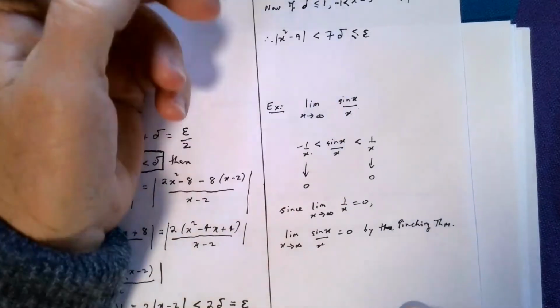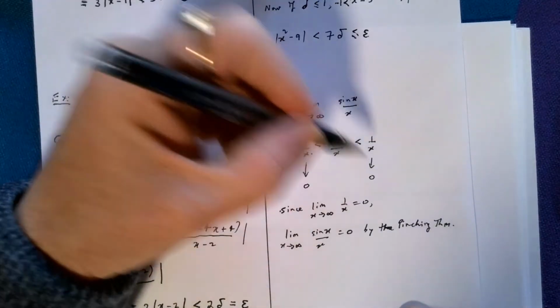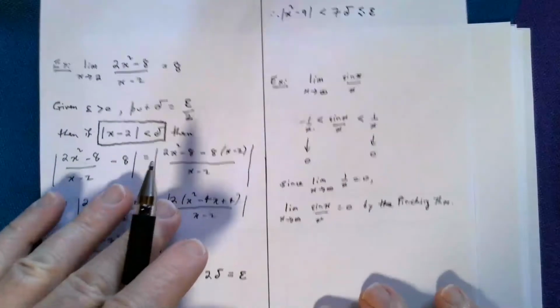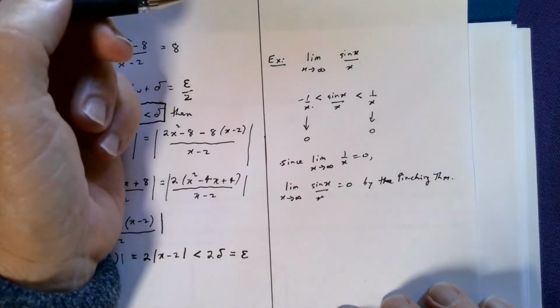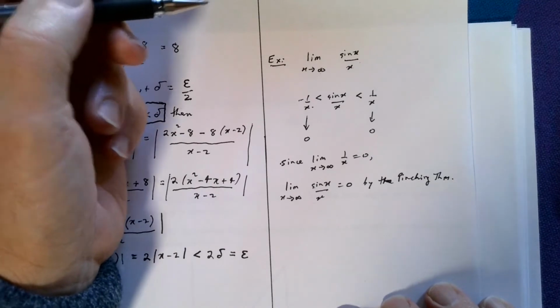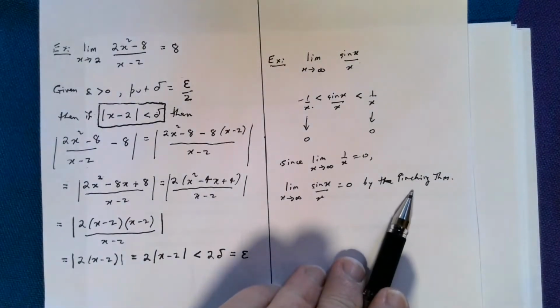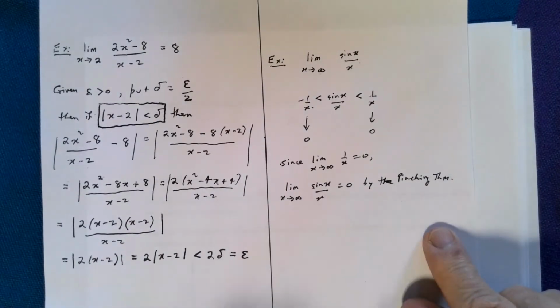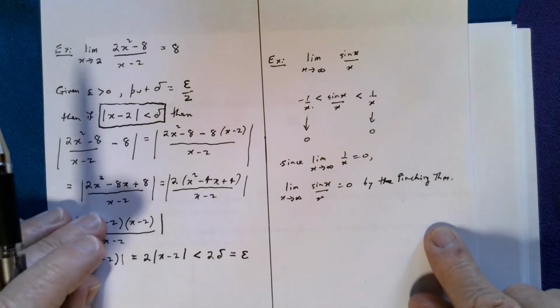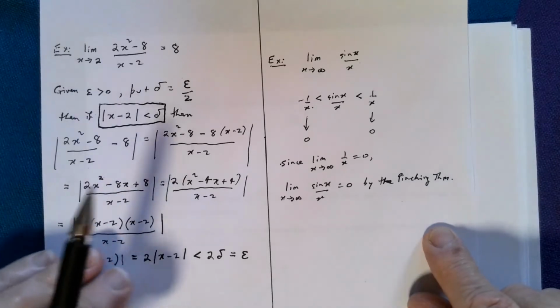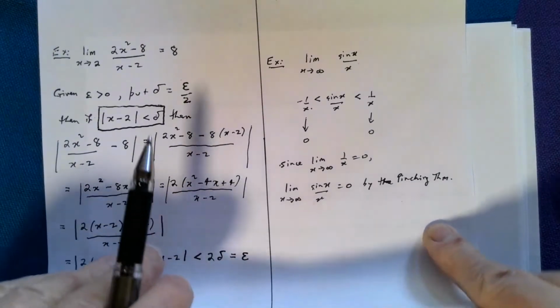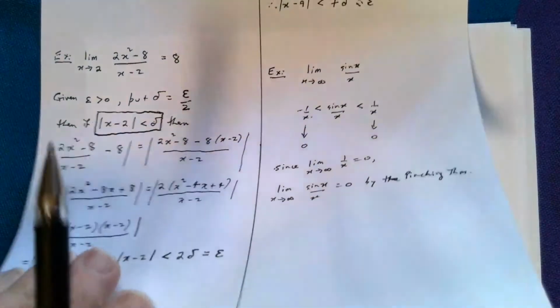So since that is true, I just put some little arrows here showing that these go to 0. And I can just write down now that this limit then is 0 by the pinching theorem. So I should state what I'm doing here. You've got to write some English down here: by the pinching theorem. Okay, so that's that little example there.